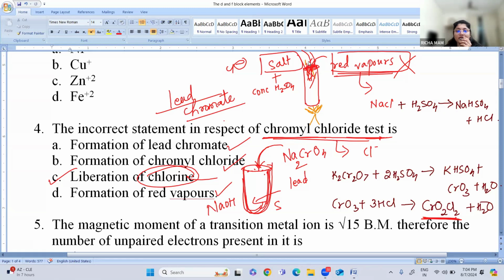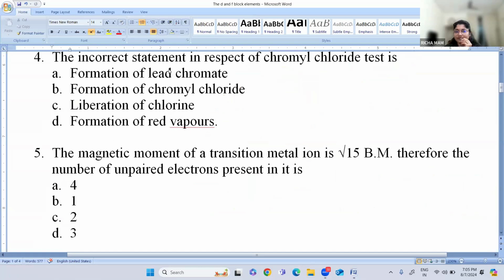You have to be careful in passing the gas, collecting the red vapors into the test tube containing NaOH. Then it will turn into a yellow solution. Then to that you add lead acetate and acetic acid, neutralizing the solution, and you get lead chromate. So the answer is option C. I hope all have got it.